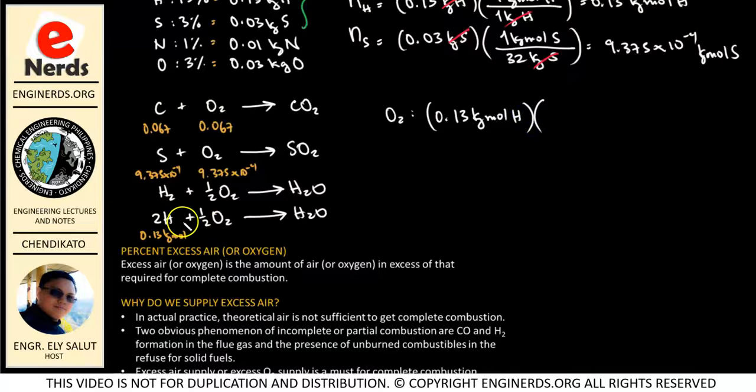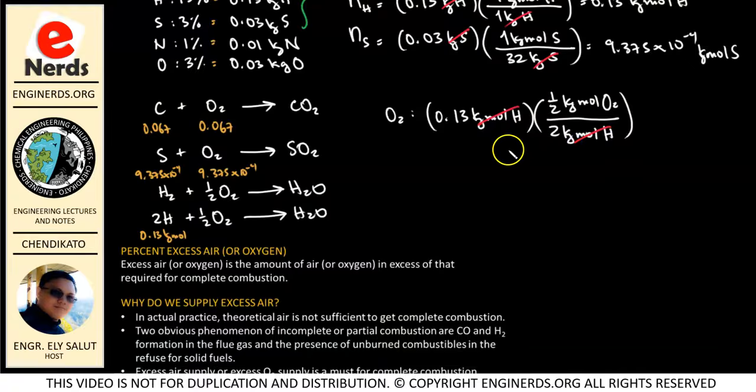I'm going to multiply it by our ratio: 2 kilogram mole of hydrogen and 1/2 kilogram mole of O2, where the kilogram mole of hydrogen will be cancelled out.